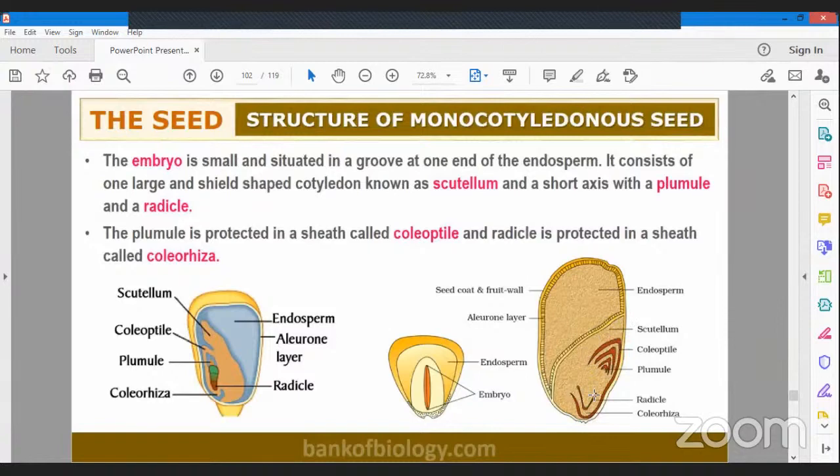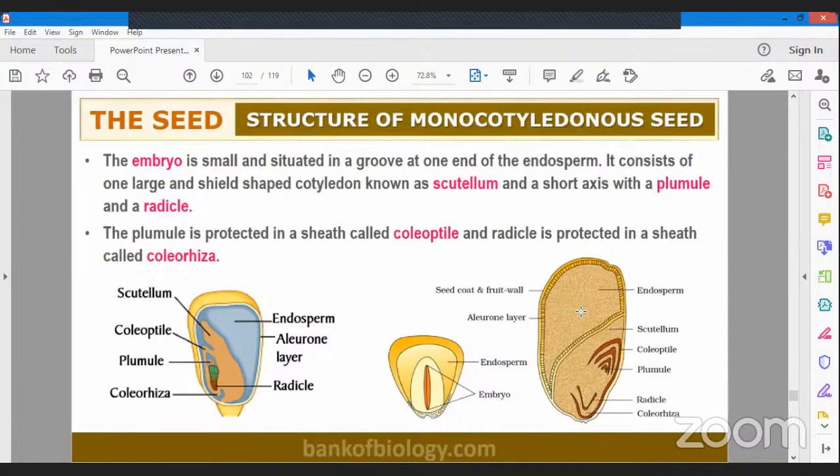That is where the embryo is present. The rest is all the endosperm. Here they have a single cotyledon, a shield shaped cotyledon, which is called the scutellum. And a short axis with the plumule and radicle.